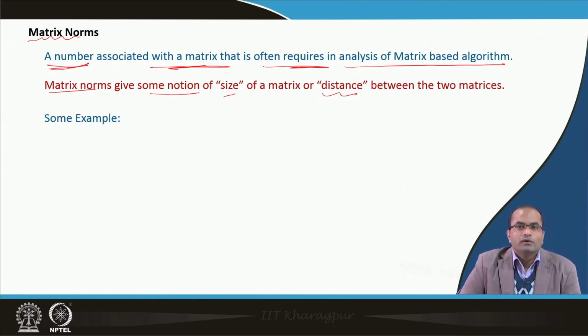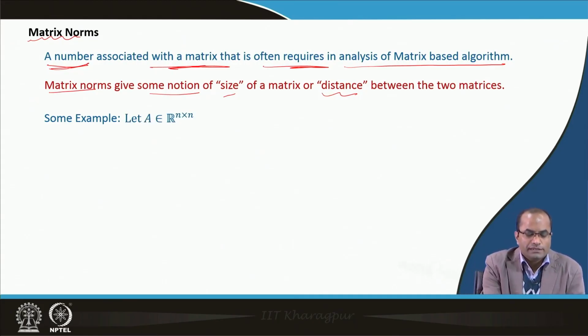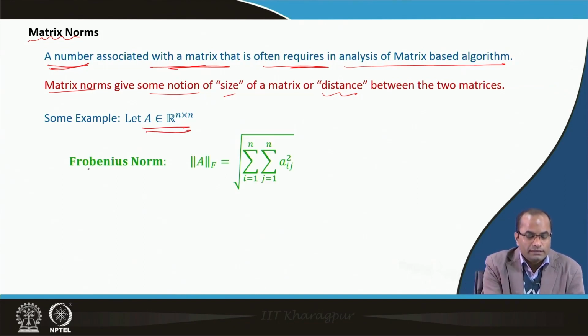There are many ways to define a matrix norm, but some of them are very popular and standard. Suppose A is an n cross n matrix; then one is called the Frobenius norm, which is defined in this way.